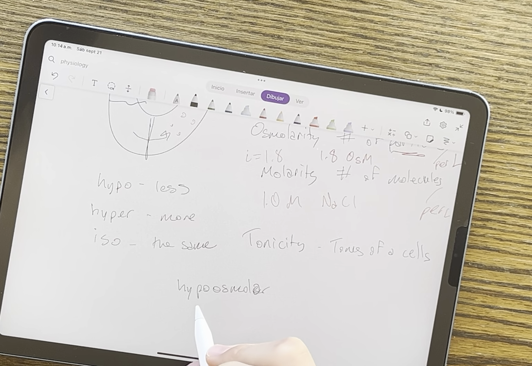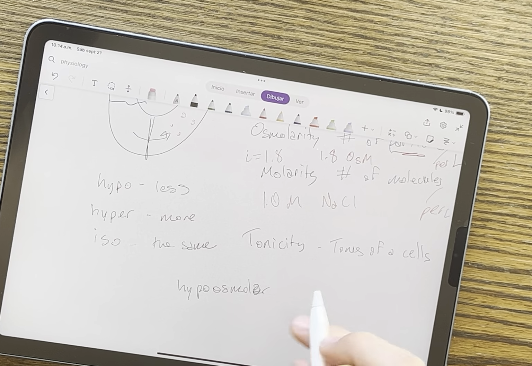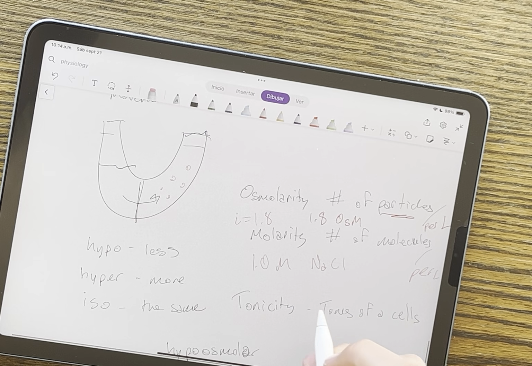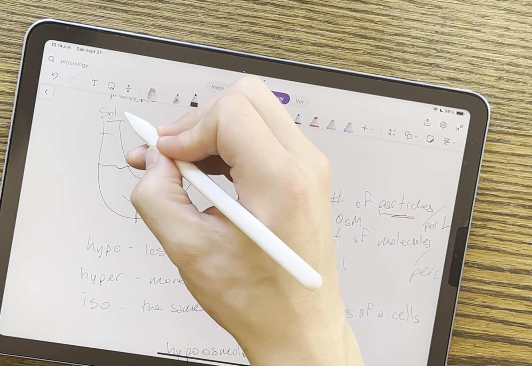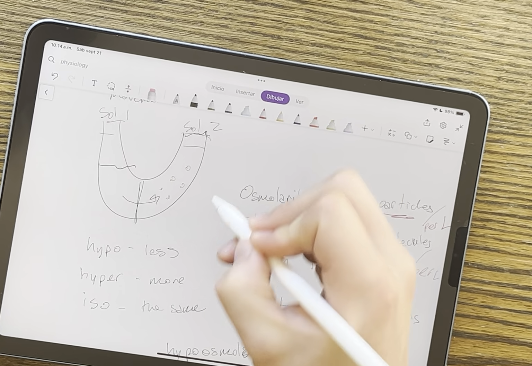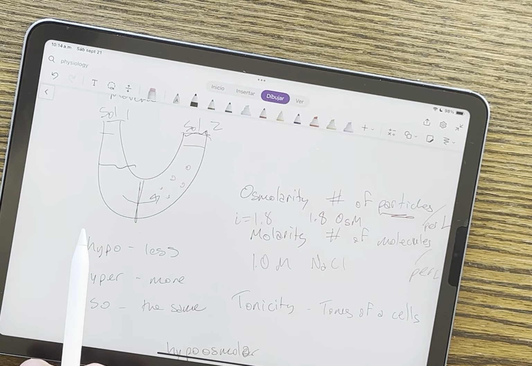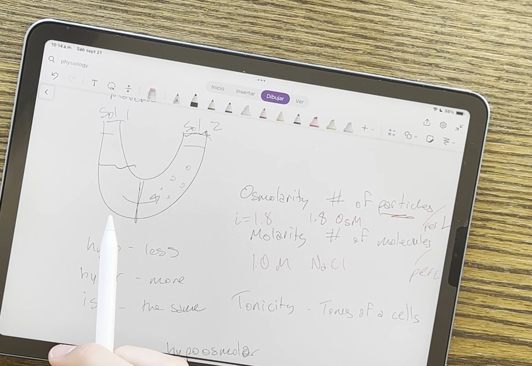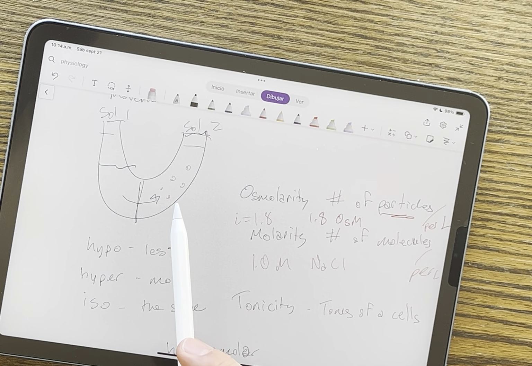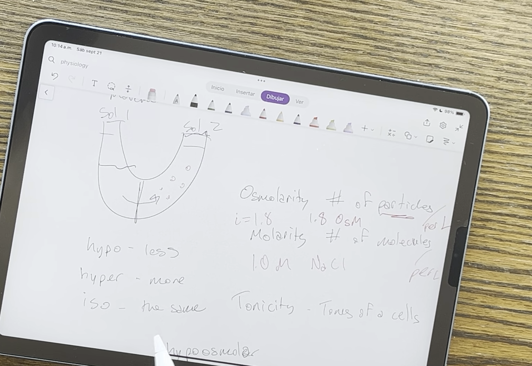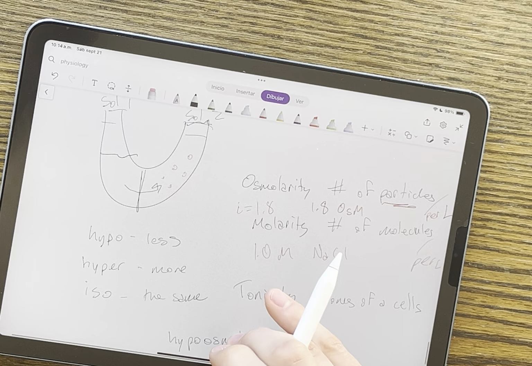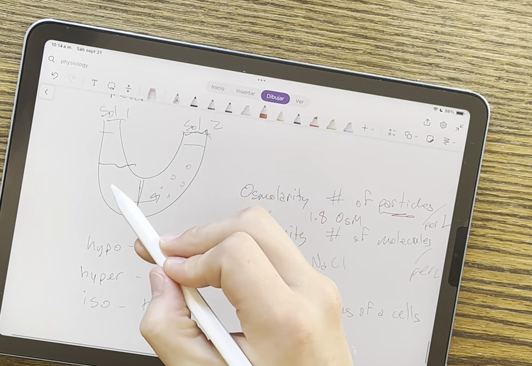That means it's less osmolar, right? So in this case up here, if we look at this as solution 1 and solution 2, solution 1 is hypoosmolar, has fewer particles. But then if we look at solution 2, it is hyperosmolar, because it contains more particles. And then isoosmolar is when it contains the same amount.